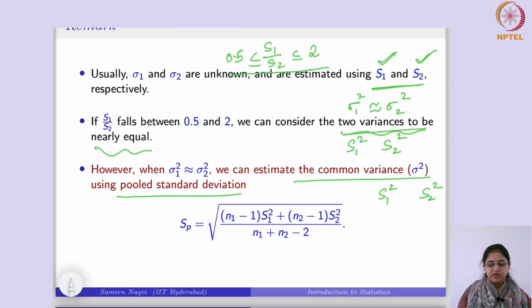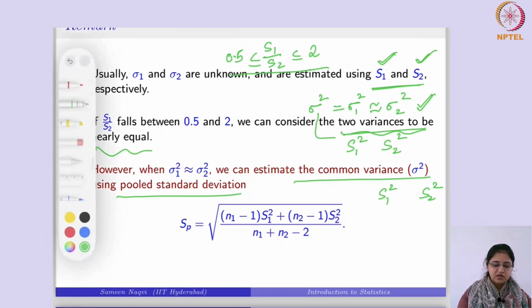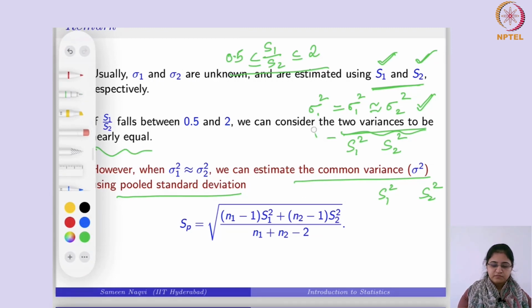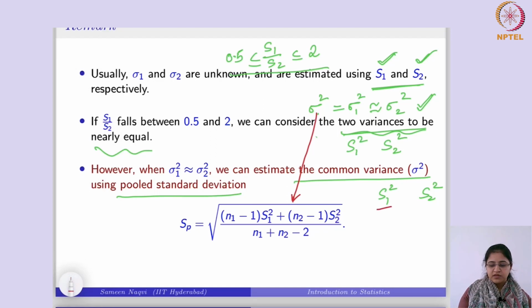Now in cases where sigma 1 square is nearly the same as sigma 2 square, then instead of dealing with them separately, you can just directly assume that they are the same, sigma square, and you can estimate it with this pooled sample variance, which is this.